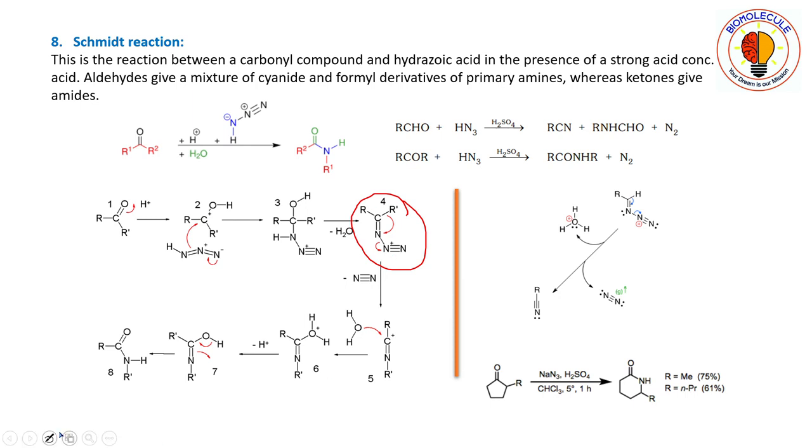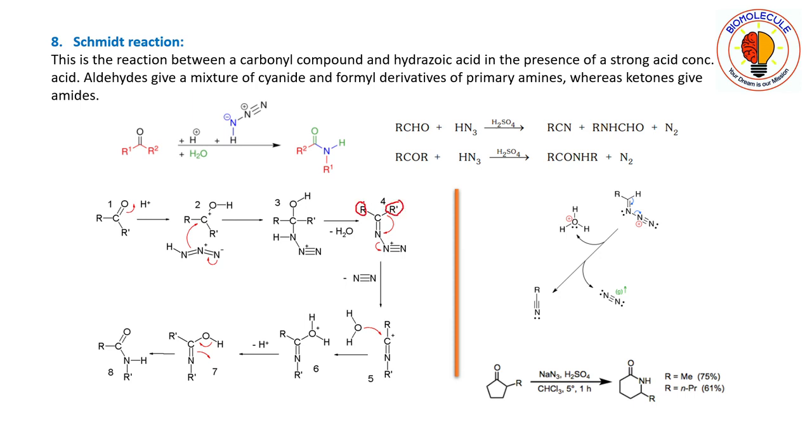So actually this N2 molecule will get eliminated when this R group gets migrated over this nitrogen. Actually this R group should have migrated, but in this mechanism they are showing R prime, they are not considering the anti-migration. So this R group should be migrated over this nitrogen. If you look at this ketone, it has two alkyl groups.